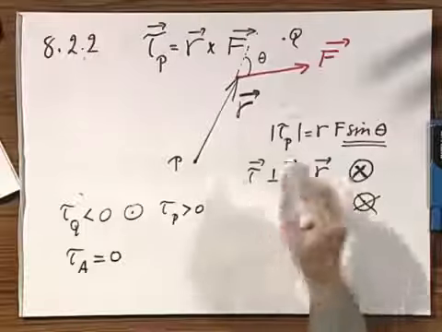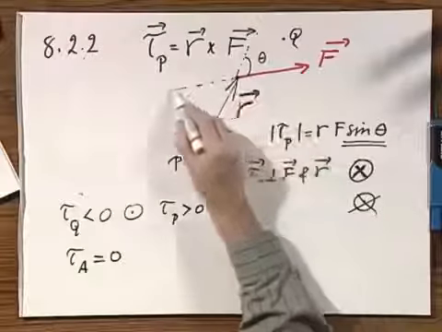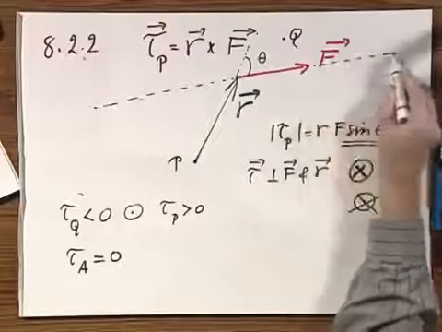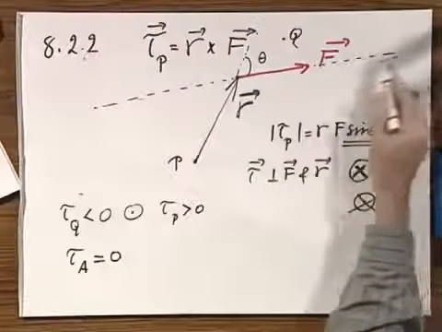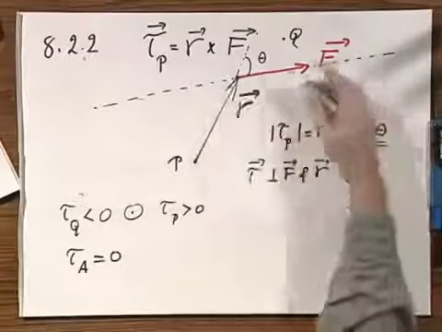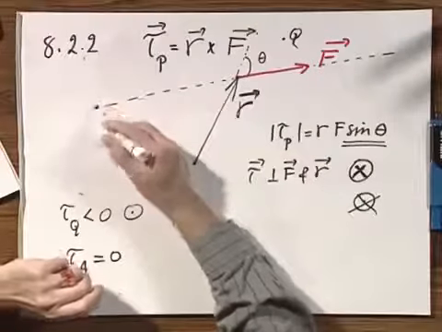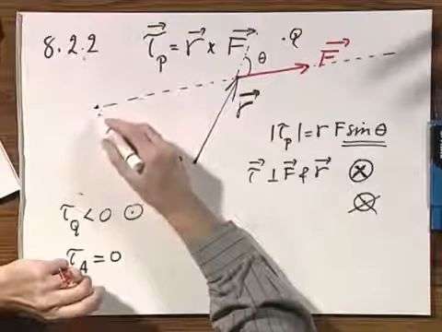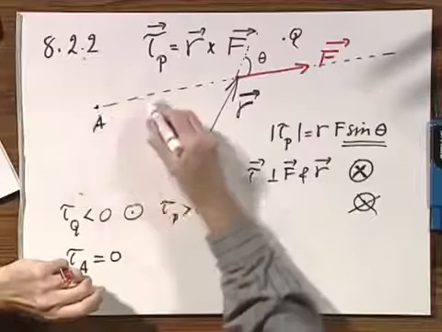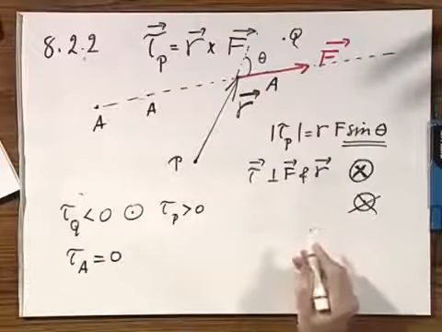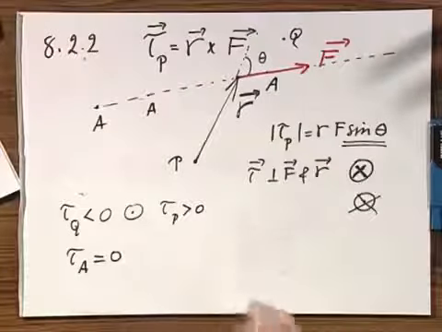For instance, if I draw a line here, an extension of what I call the working line. In high school, I was taught that the line along which the force acts is called the working line. Any point A that you have, doesn't matter whether you have it here, or here, or here, it's immediately obvious that the torque is 0.